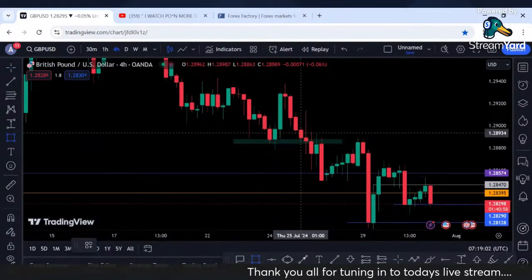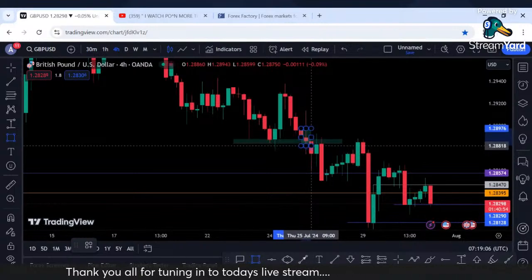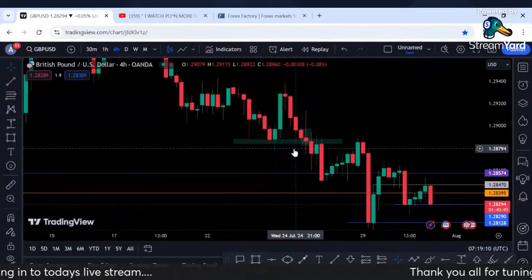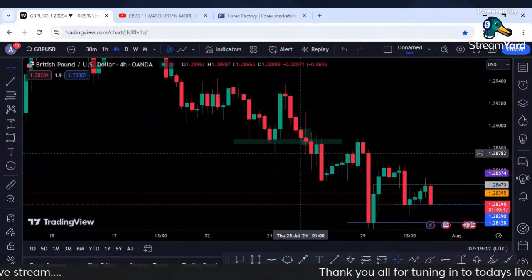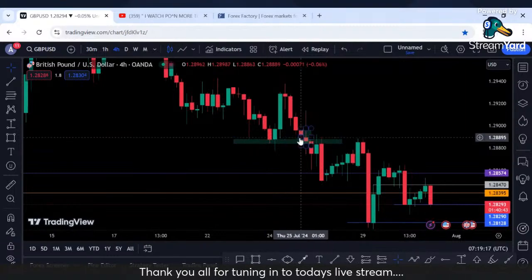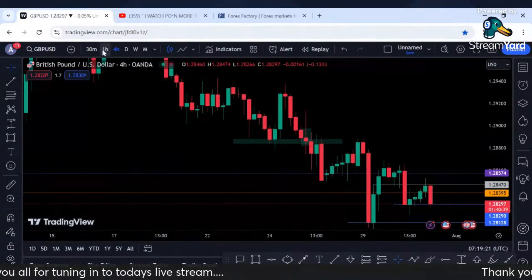So this is a setup. Now the H4 is not giving you an entry. You get it? So for you to find an entry, you have to go to your lower time frame and make sure the direction of the market has shifted up.